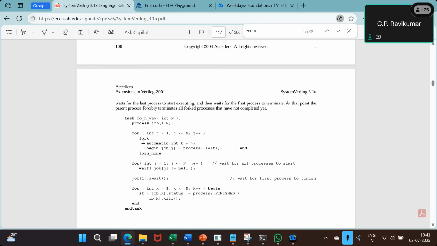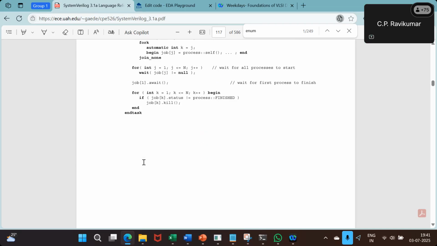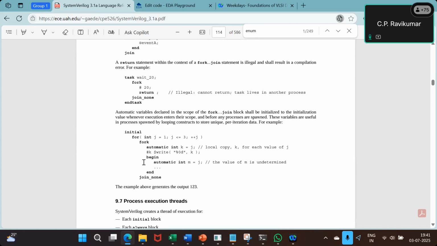Join none means it is not going to wait for any other process. It will just fork and continue. I wish they had explained it somewhere. They may have explained.